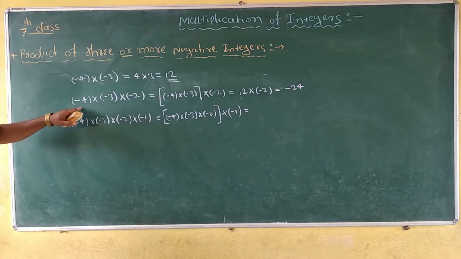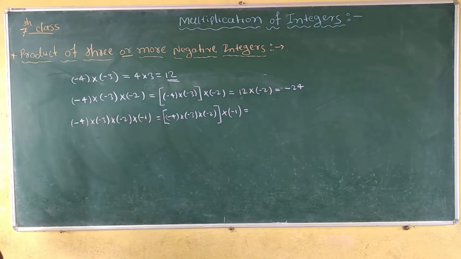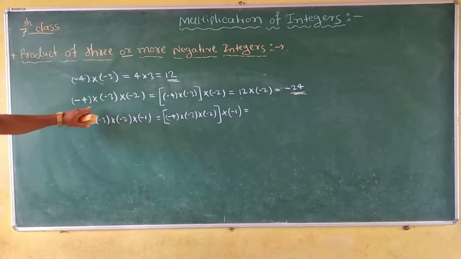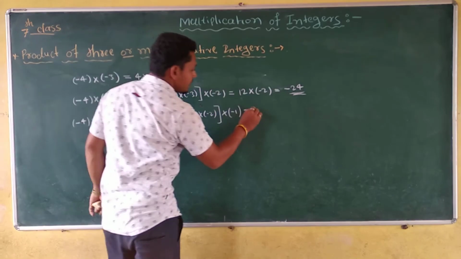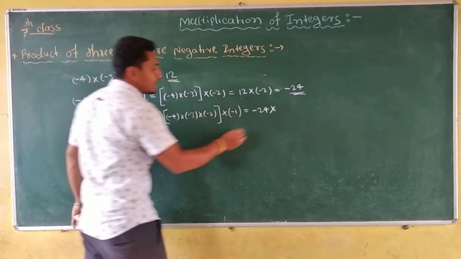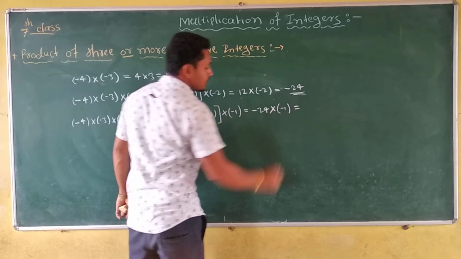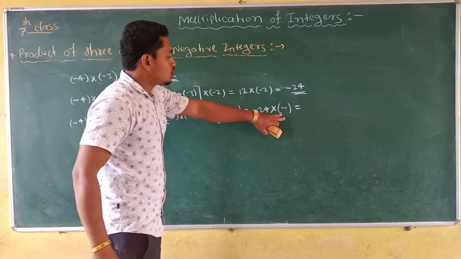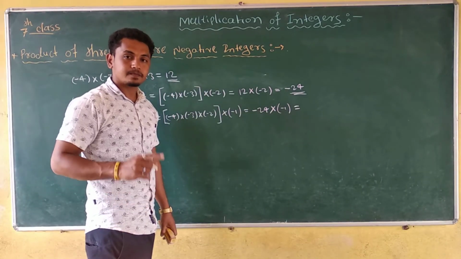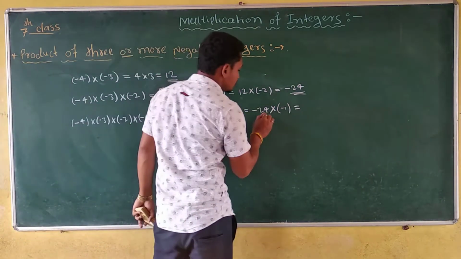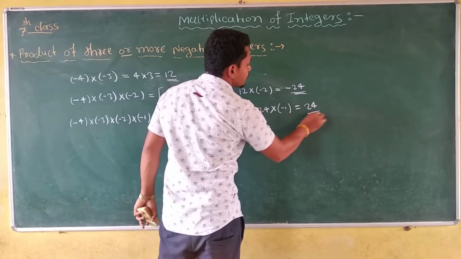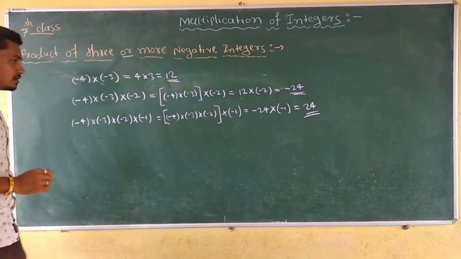The product of minus 4, minus 3 and minus 2 we already found, minus 24. Minus 24 into minus 1: the product of two negative integers is always positive, so 24 ones are 24.